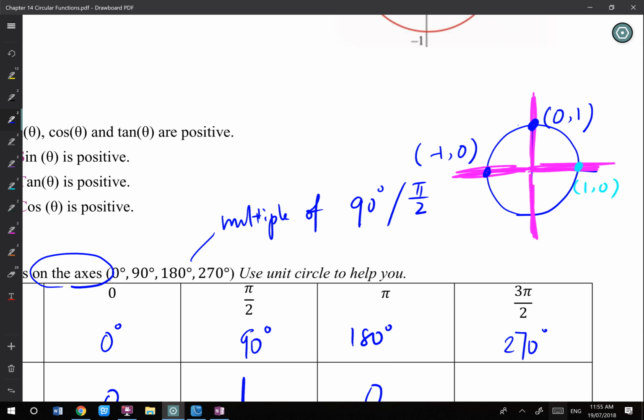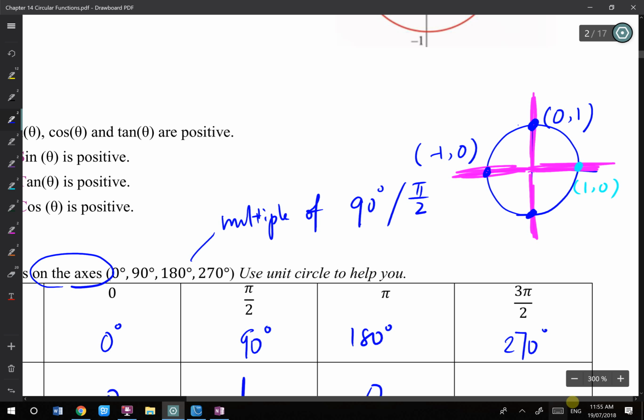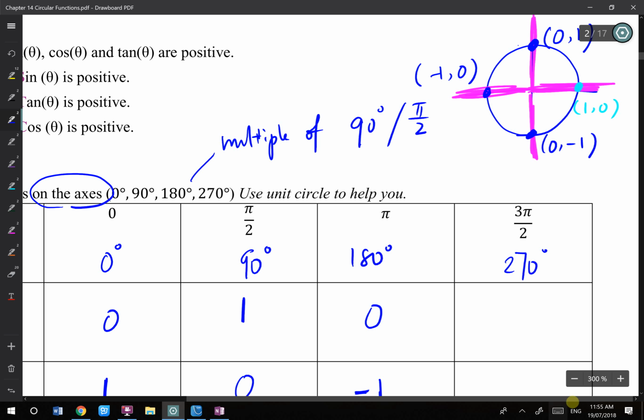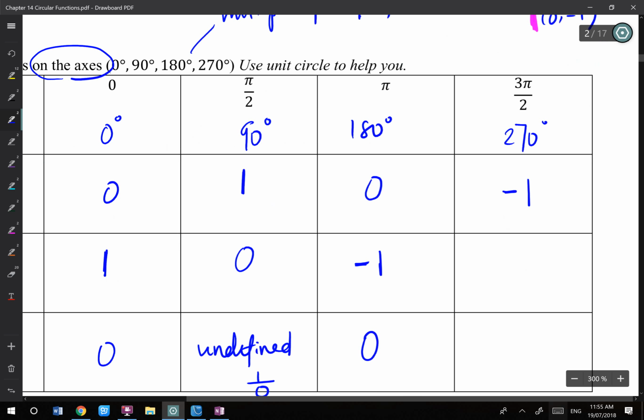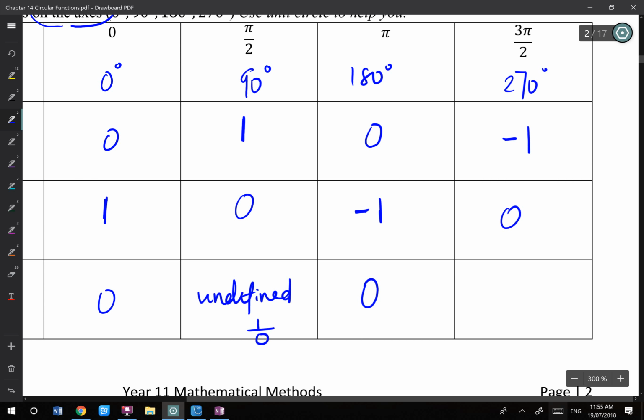Okay, what are the coordinates here? 0, -1. So -1 is the sine value and 0 is the cos value. Tangent? Undefined.